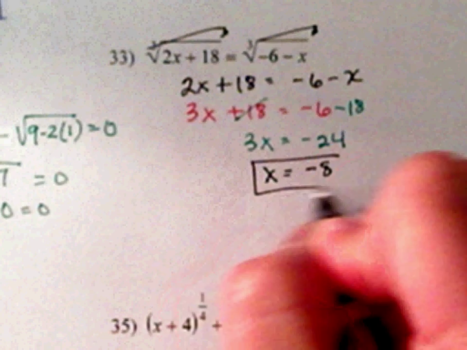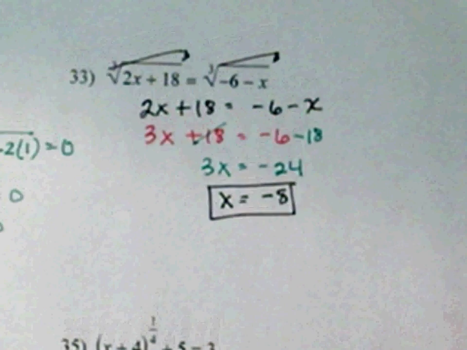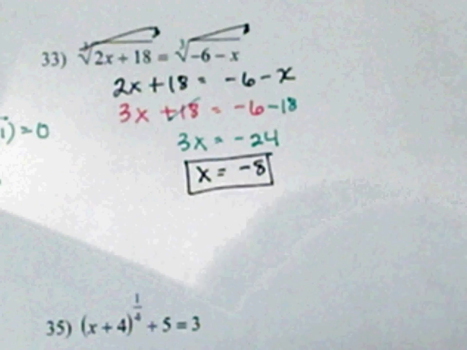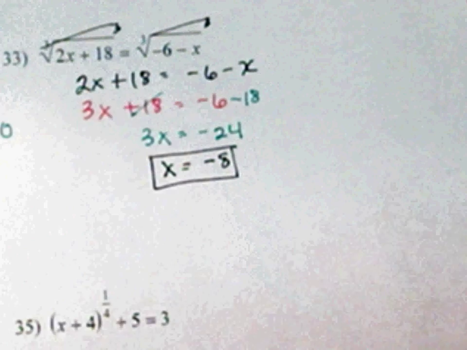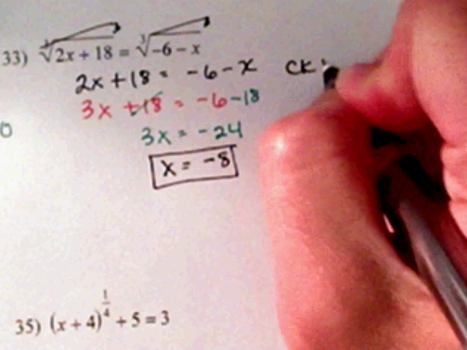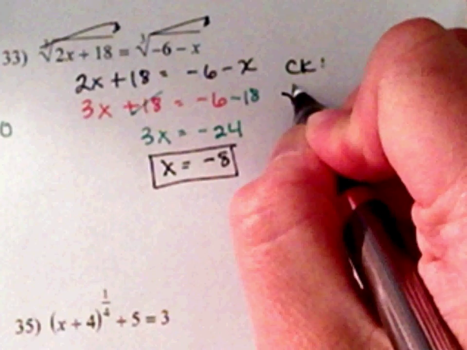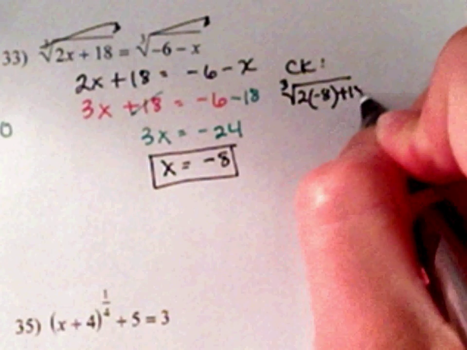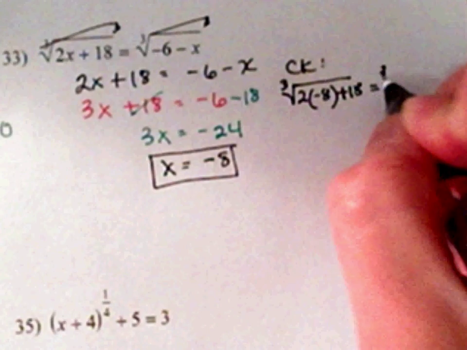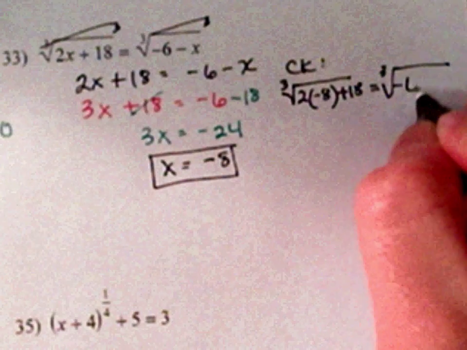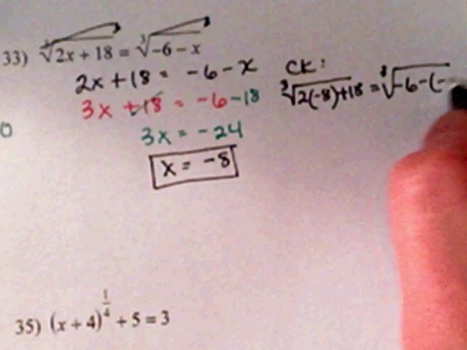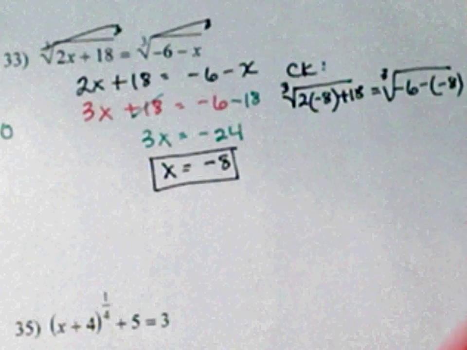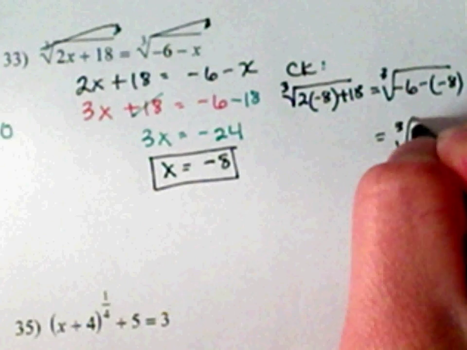Okay. Check your solutions, or solution in this case. All right, let's check number 33. So you have a cube root of 2 times negative 8 plus 18 is equal to a cube root of negative 6 minus negative 8. Okay. So negative times negative is positive.